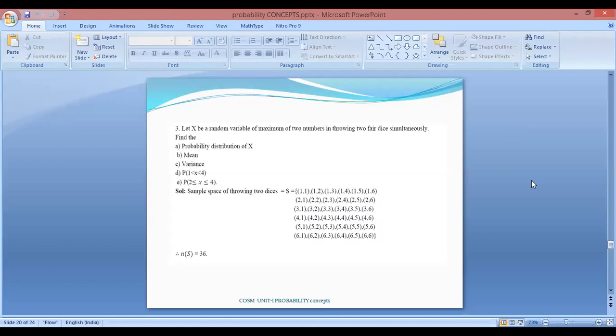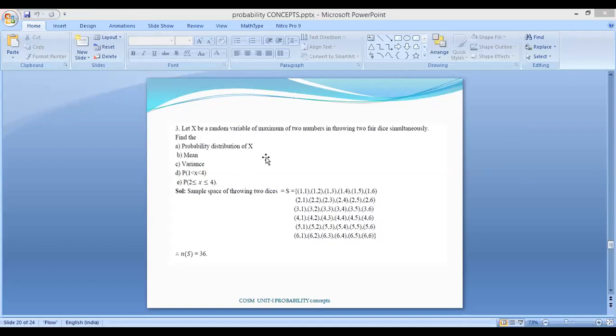So here, what is our random variable? The random variable is the maximum of two numbers in throwing two fair dice.